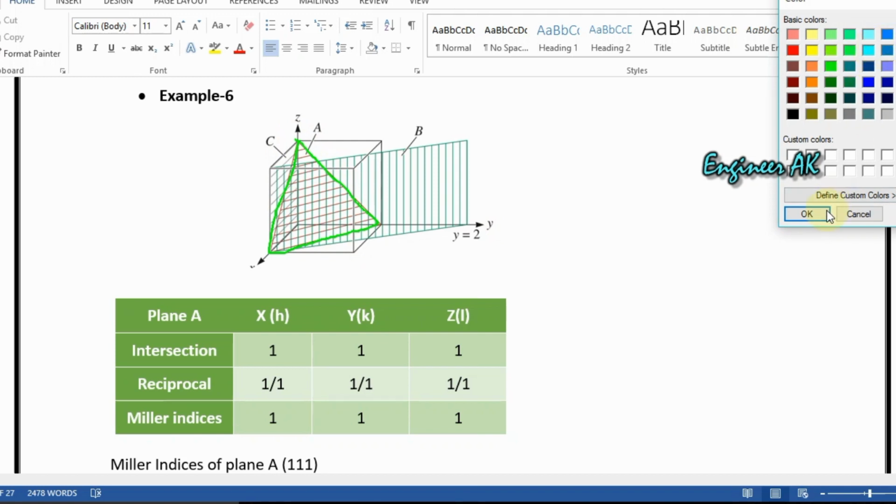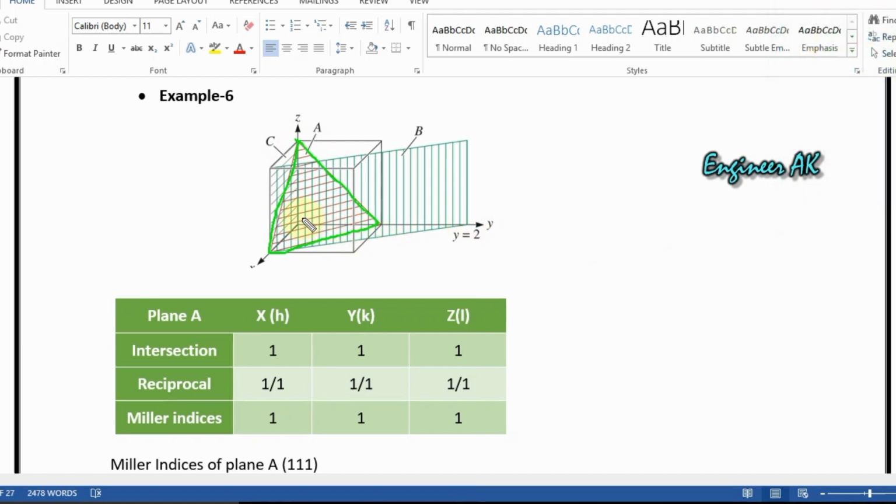In order to solve it, let's suppose I am taking this as my origin. If I move along the x-axis, it is cutting the plane at 1. Similarly, along the y-axis, it is again cutting the plane at 1, at the positive y-axis.